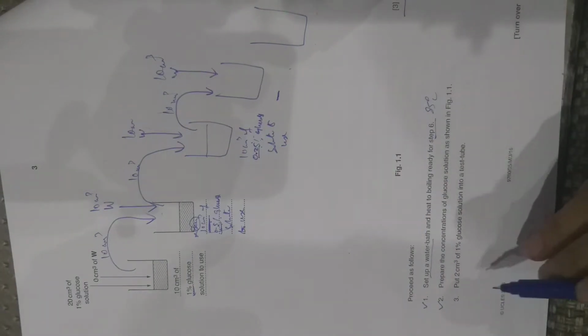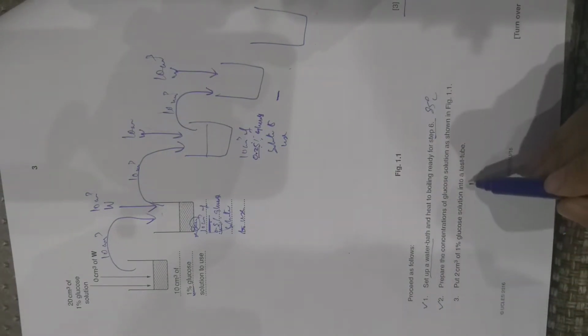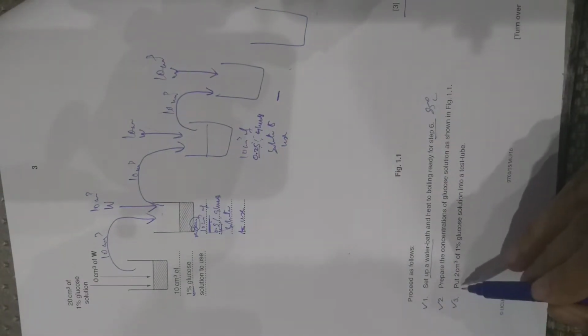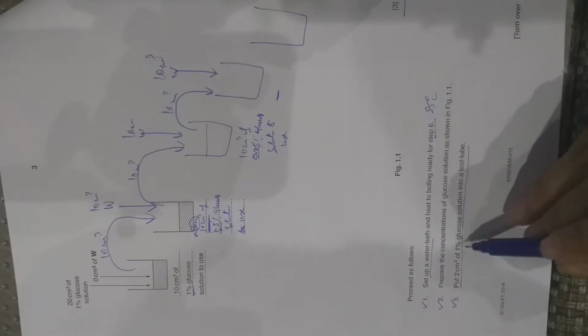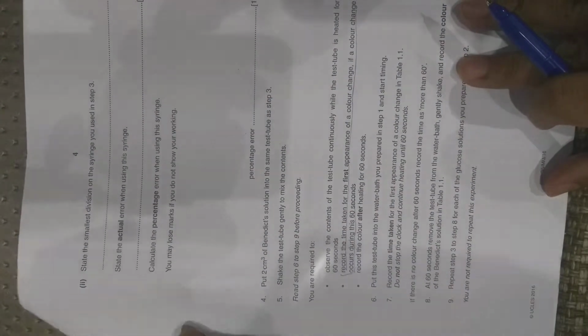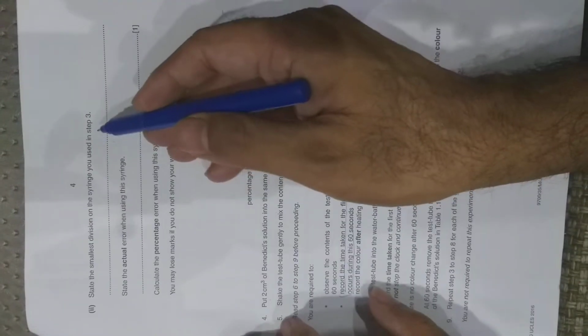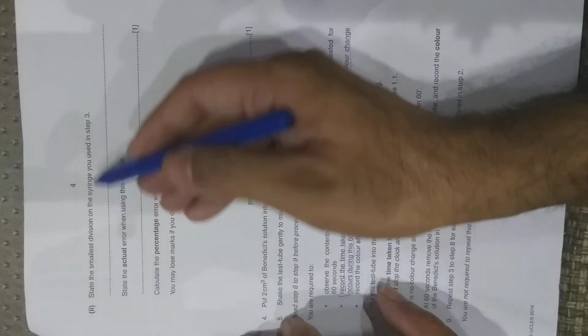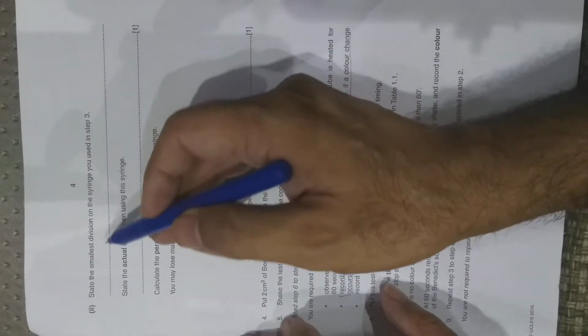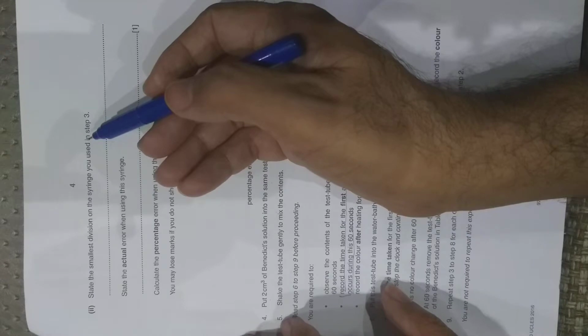Put 2 cm cube of 1% glucose solution into a test tube. Take a test tube and put 1 cm cube of glucose solution into it. State the smallest division on the syringe you used in step 3. So you look at the syringe and see what is the smallest division there.